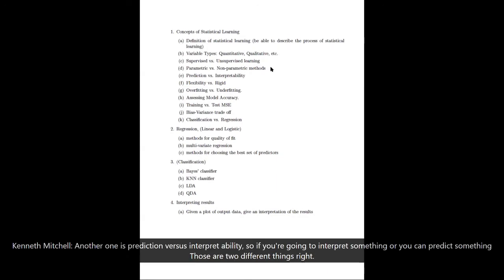Another one is prediction versus interpretability. If you're going to interpret something or you're going to predict something, those are two different things, right? You're looking at the data, you can interpret the data and tell us what the data tells you about the system you are investigating.